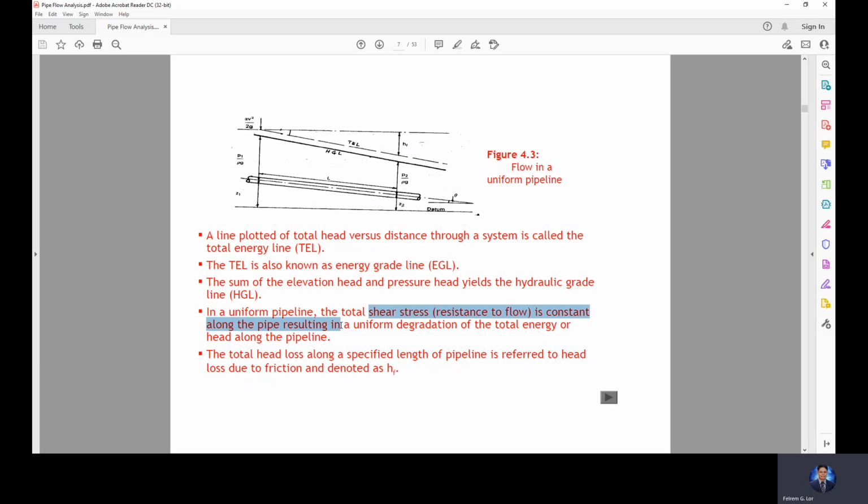It's constant along the pipe, resulting in a uniform degradation of the total energy or head along the pipeline. So the total head loss along a specified length of pipeline is referred to as the head loss due to friction. This one, above the total energy line at point 2, is the head loss, and we'll denote it as H sub F.